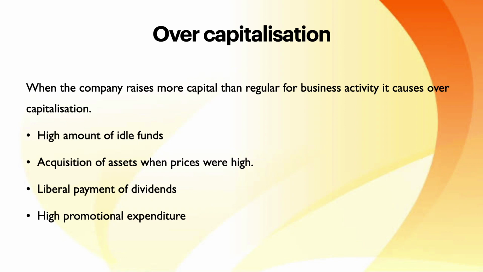Next is liberal payment of dividends. Now, just because I'm having too much money or cash at my disposal, I try to pay more dividends to my equity shareholders. Liberal means what? Without any restriction, freely, okay? Payment of dividends without any restrictions. So, before overcapitalization, when it was an optimum capital structure, I used to pay 100 rupees per head as the dividend per share for equity shareholders.